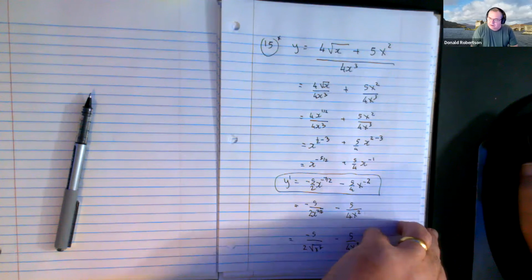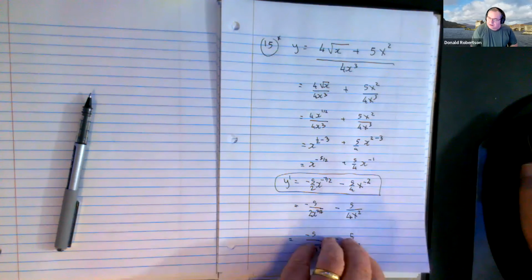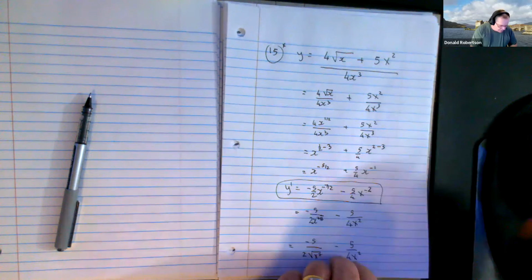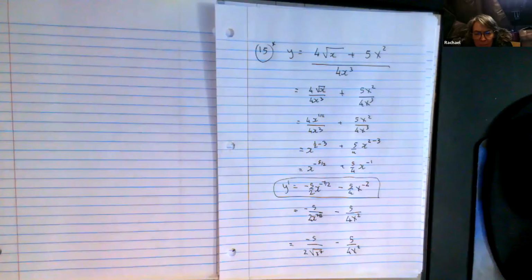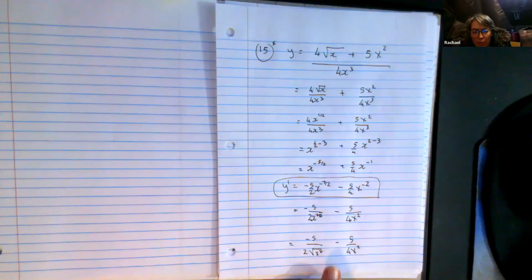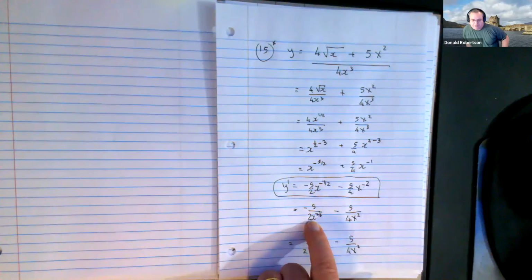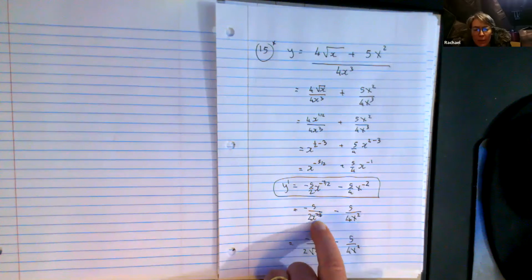Are we good? Are we good with that question? I have a question. What did the exponent on the bottom of the first equation turn out to be? Go one up. What is this exponent? It's 7/2.